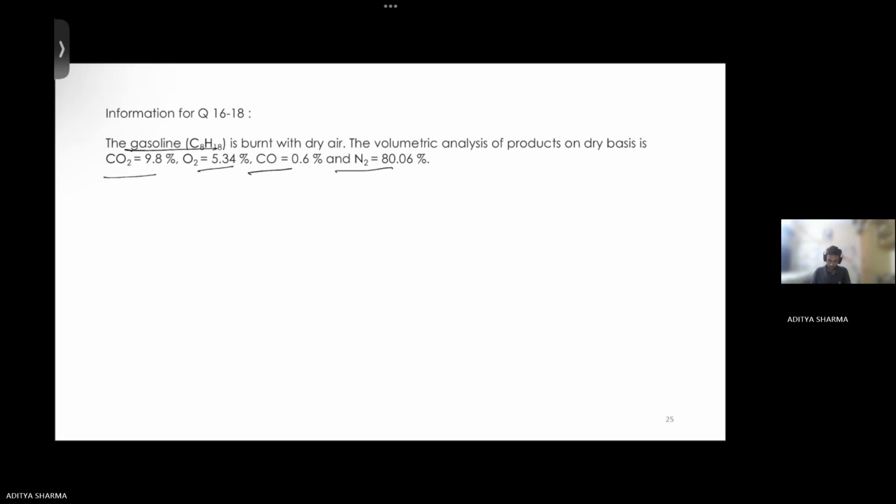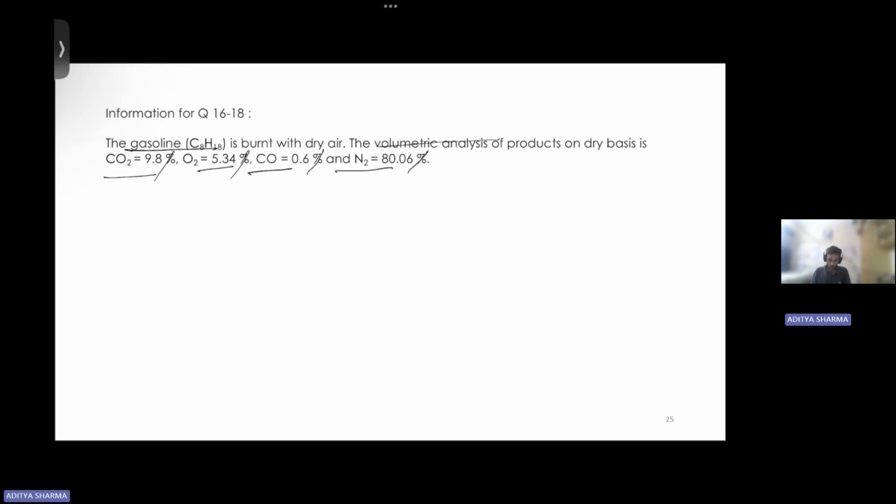So let's say these are the moles for our given question. So these percentages, let us suppose this is not a volumetric analysis, and these are the moles that have been given, right, for different products.